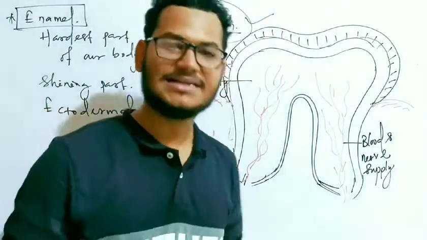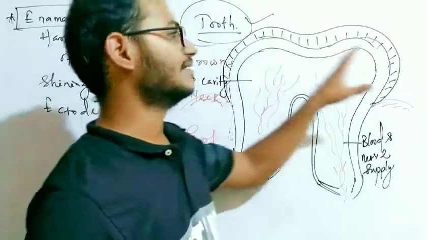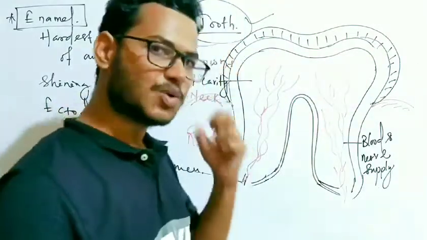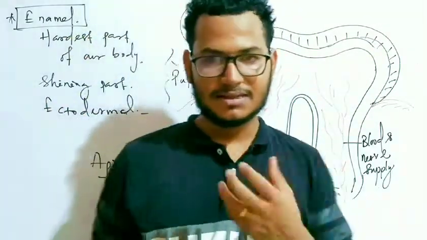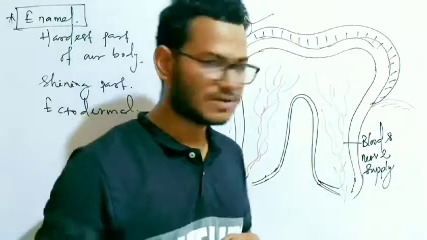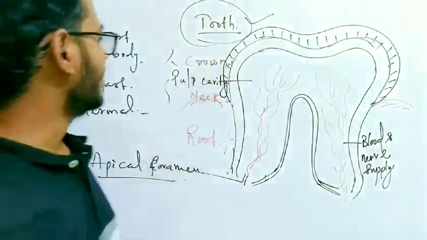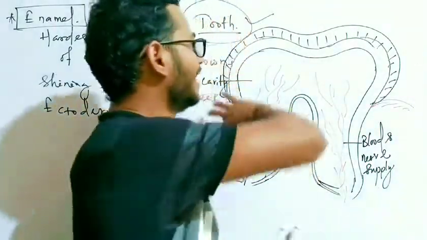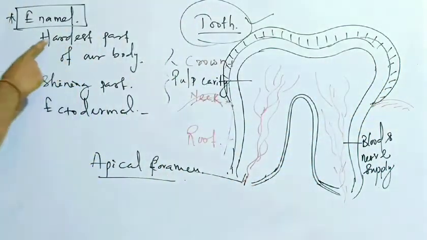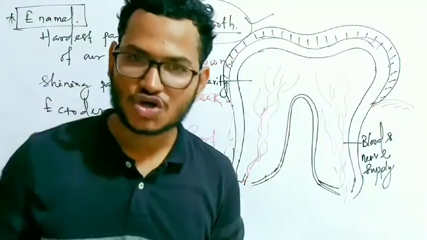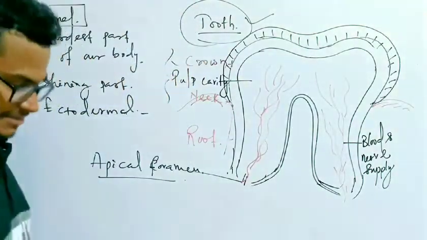It is a white hard calcareous covering on our tooth that protects it from decaying. Okay, so to avoid wear and tear of the tooth, the enamel, which is the strongest and hardest part of our body, is present on the crown region.